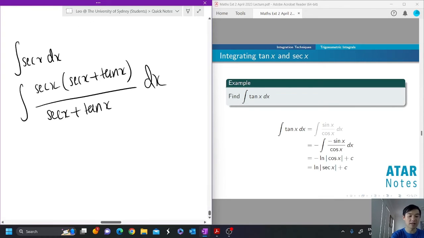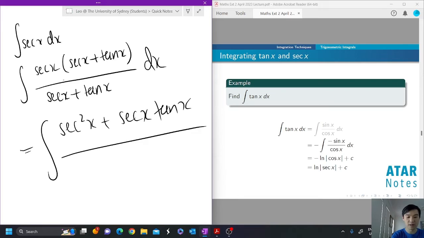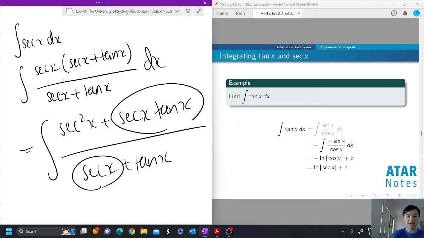The reason why we do this is because this will become sec squared x plus sec x tan x over sec x plus tan x. And the thing is, the derivative of sec x is sec x tan x, and the derivative of tan x is sec squared x.